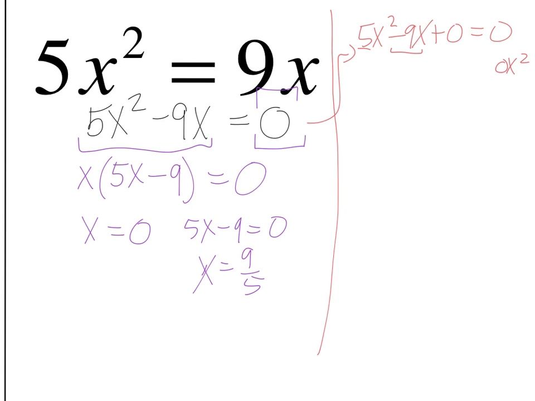And I'm trying to add up to negative 9x. Two things that multiply to 0 and add up to negative 9 are going to be negative 9 and 0. Those are acceptable. So we've got 5x squared minus 9x plus 0x plus 0. That's kind of weird, huh? Is equal to 0.